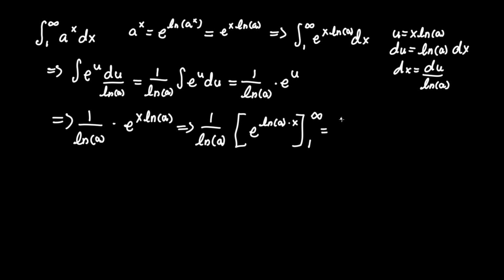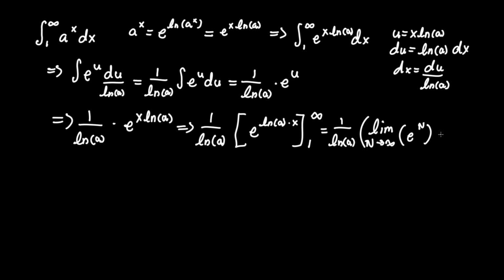So this equals 1 over ln a. I'll put a parentheses, and since this is infinity, you're going to have to say formally the limit as n approaches infinity of e to the n, because it's going to be essentially e to the infinity times the constant, which remains to be e to the n.